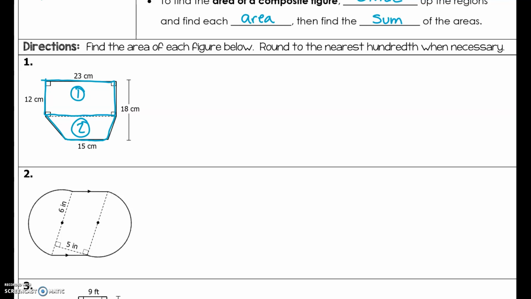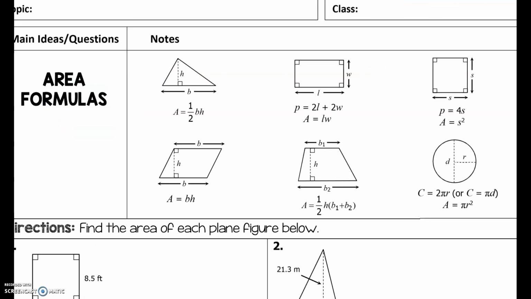Okay, so for number 1, we have 2 shapes. One of them is a rectangle, and the other one is a trapezoid, so I'm going to go ahead and put that shape over here. And what we're going to do is we're going to first find the area of a rectangle first. So that area is, looking back at your formulas, which I hope you guys don't really need for some of them, but here's our rectangle formula. So area equals length times width.